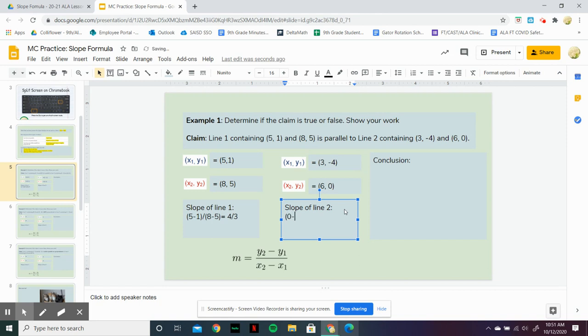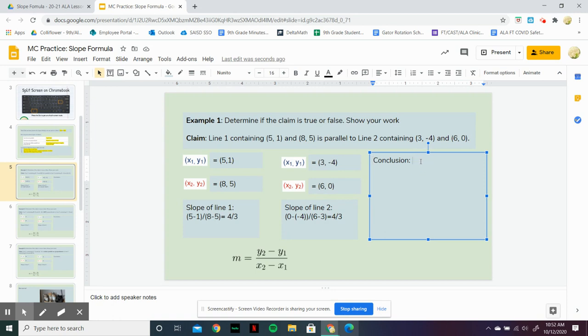I'm going to say y2, which is 0, minus y1, which was -4, divided by x2, which was 6, minus x1, which was 3. This is going to be equal to 0 minus a negative 4, which is the same thing as adding 4. So 0 plus 4 is 4, and then 6 minus 3 is 3. So the slope of this line is also 4/3.